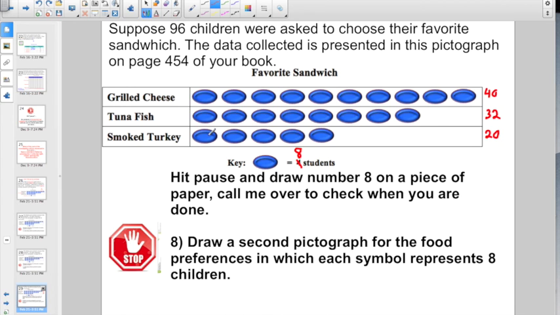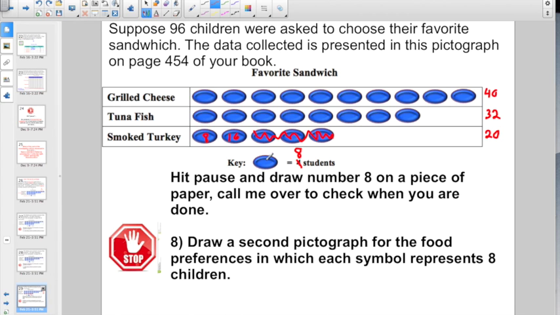If I was going to list this out in icons, my first icon would be 8. My second icon would be 16. I would not need any of these other ones. How can I make just 4 more?